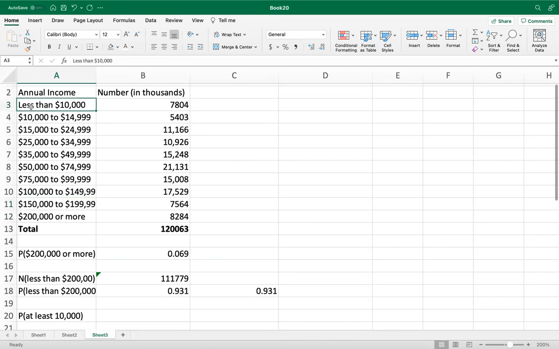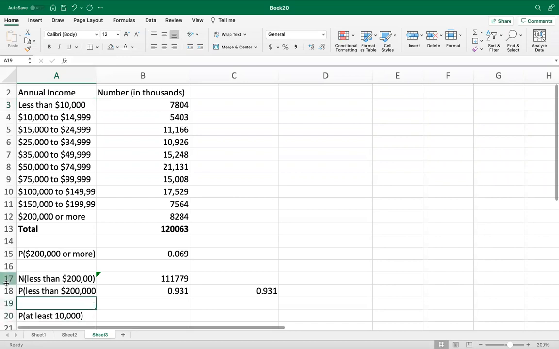All right, less than 10,000 is this one right here. So less than 10,000 here, then we could either add all of them together or just look at the complement. So this is going to be our at least rule.